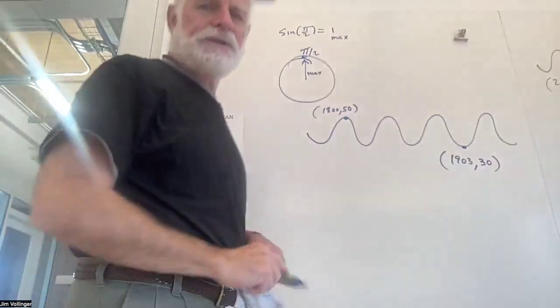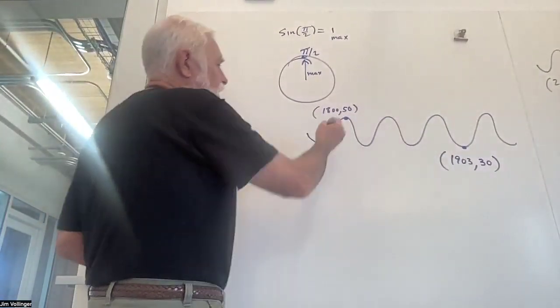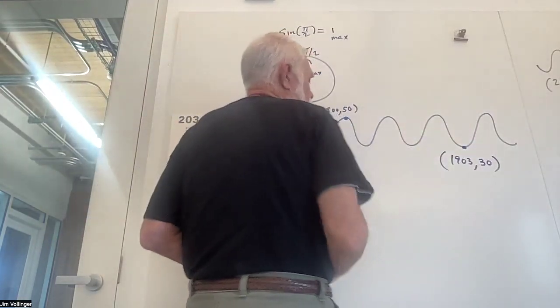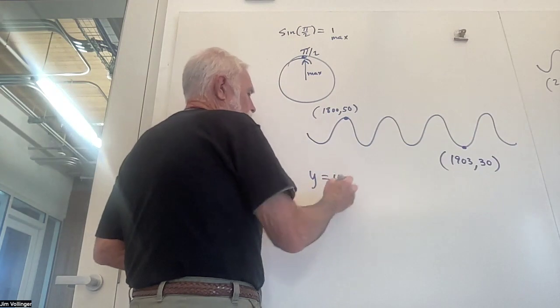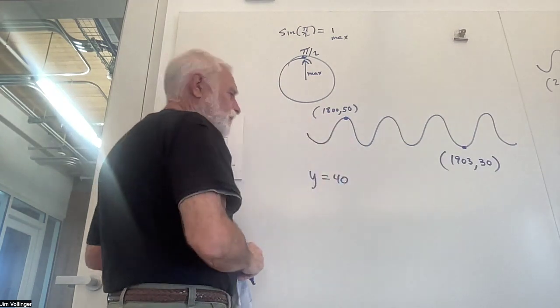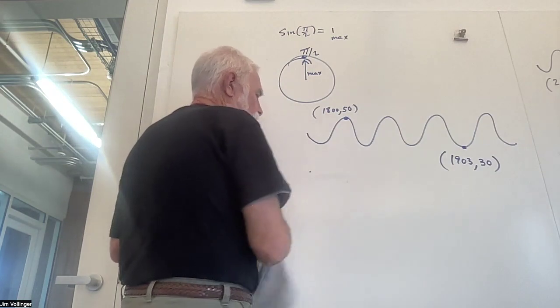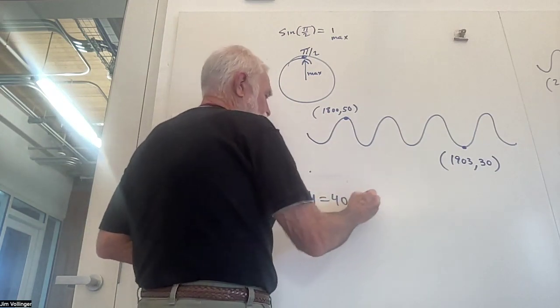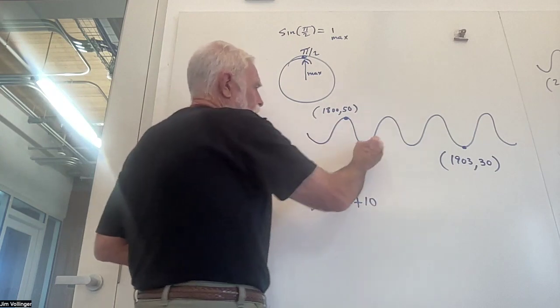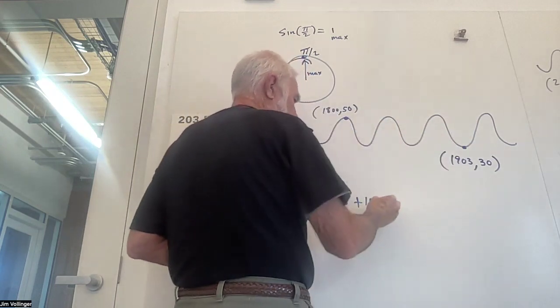All right, so let's just see what we have here. Sinusoids are written from the midline, which in this case is 40. I'm going to do it as a sine function the first time through. I'll change it to cosine after. So I've got to go up 10 to get to 50. 1 pi, 2, 3, 4, 5 pi.